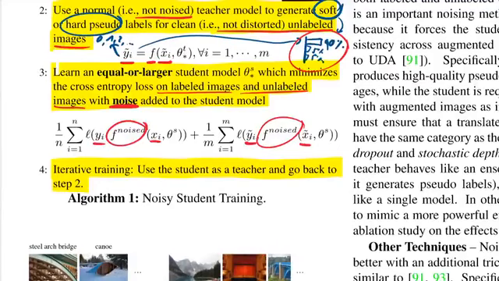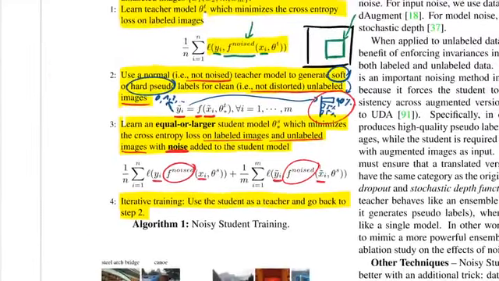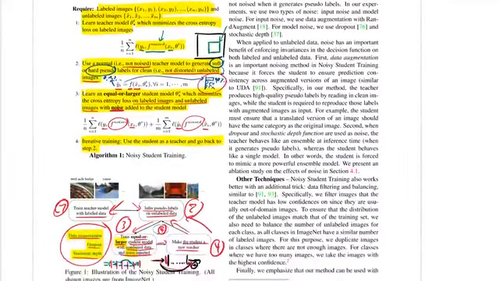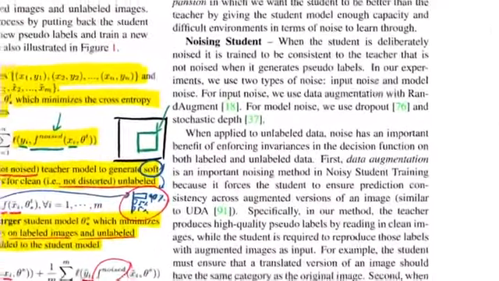And I think the whole paper, it doesn't state it explicitly, but I think everything they do here is to kind of force or allow the student to become better than the teacher by giving more noise, by making the student larger, by making the batch size for the student larger, and so on. So you want to sort of inject as much invariance as you can, and that will make the student learn more.